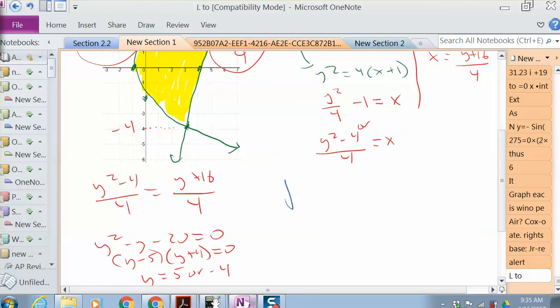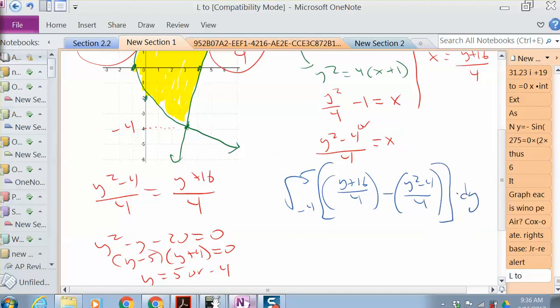So the integral is going to look like this, from -4 to 5 of the right curve minus the left curve. You could probably factor out a 1/4 because it is a constant for both those fractions.